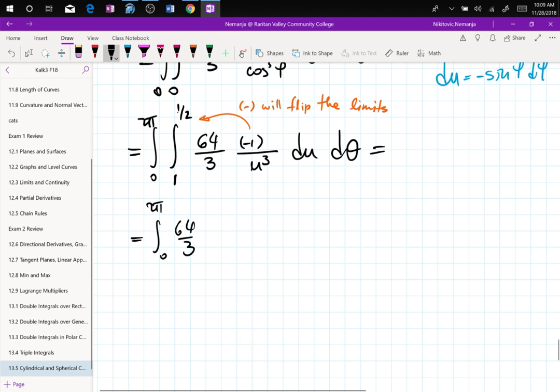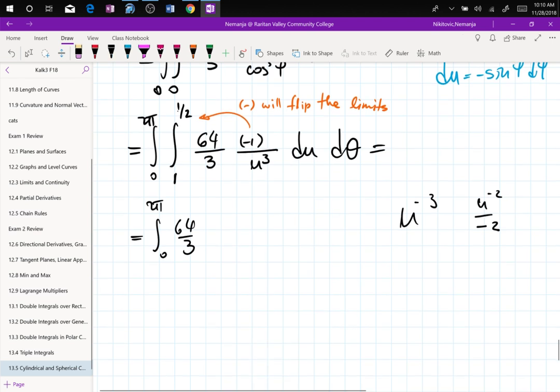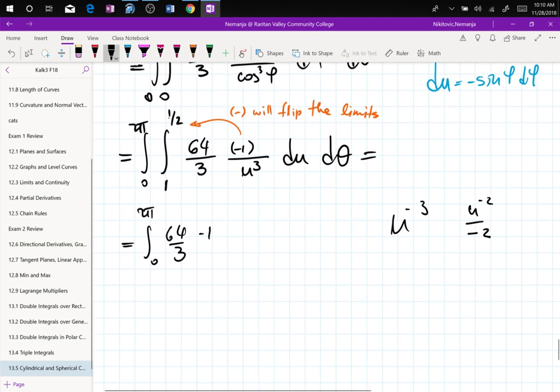64 over 3. I'm integrating u to the negative 3, so plus 1 becomes u to the negative 2 over negative 2, right? So this is negative 1 over u squared, now from 1/2 to 1.